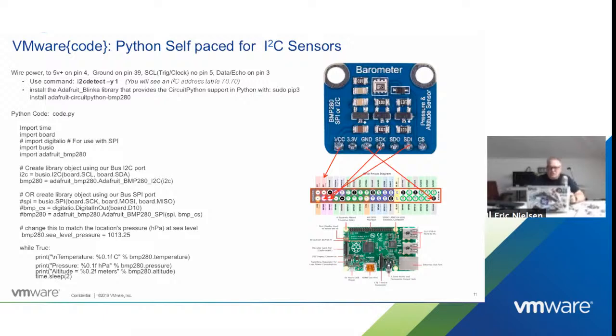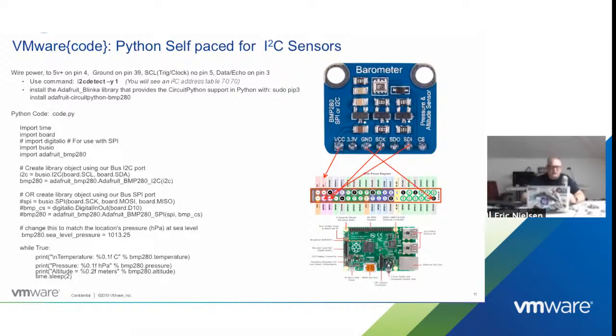And board abstracts that out so that it knows what the clock and data line is for the I2C thing, so that the library will know that this is a Raspberry Pi 3, this is the I2C clock and data line, and you don't have to put that number in your code. You could remember that it's pin 3 and 5 and put that in there.